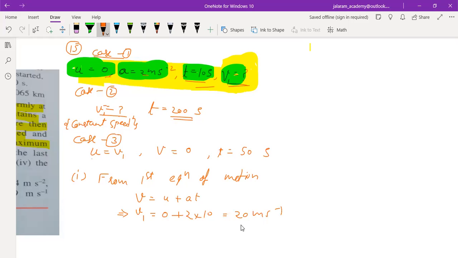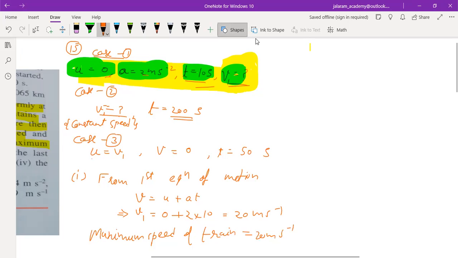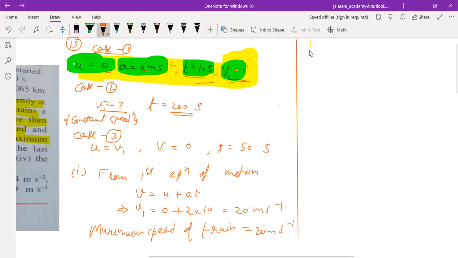And we already have discussed that this is the maximum speed. So the maximum speed attained by the train is the same 20 meters per second. Then in the second part, what do we have to do?